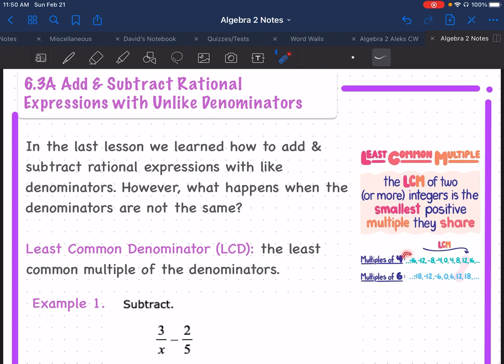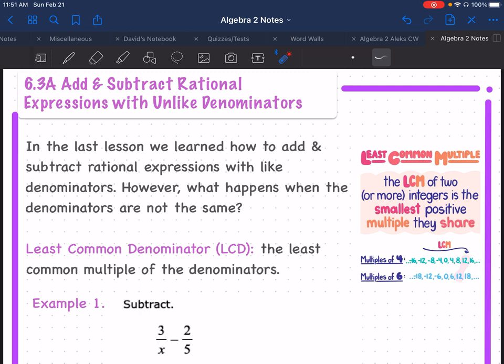Notice it's continuing in both directions. The reason they're showing you the negatives is because sometimes if both numbers are negative, you need to look for the negative least common multiple. And then we have the multiples of 6. We can see right here that their least common one is 12.